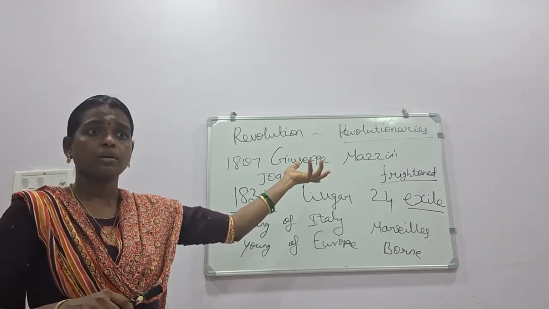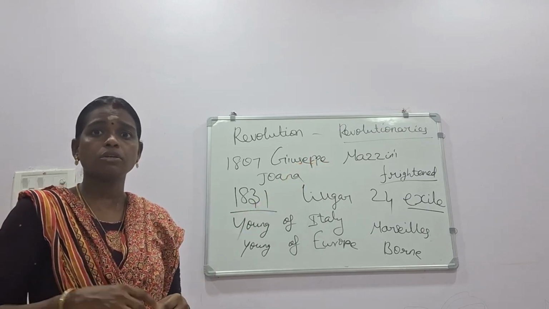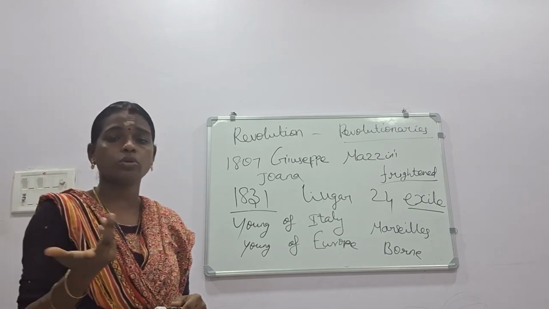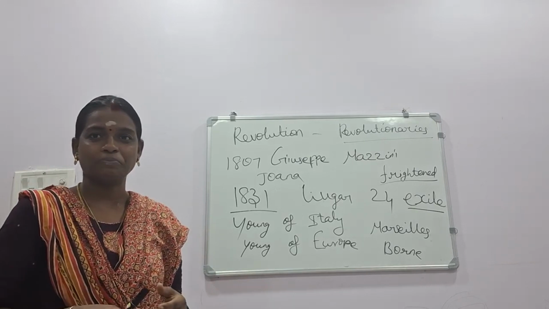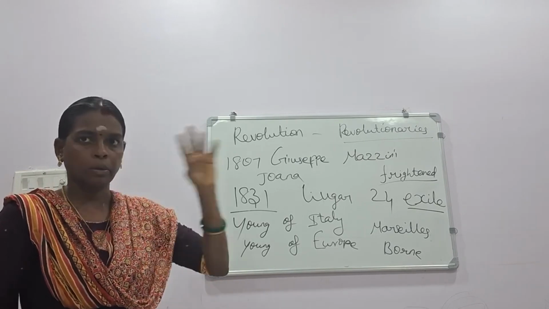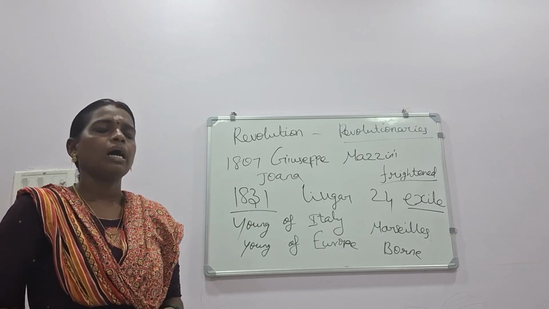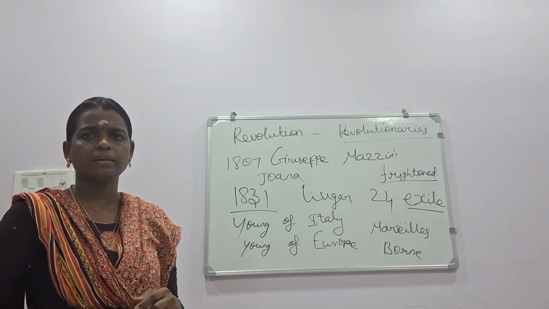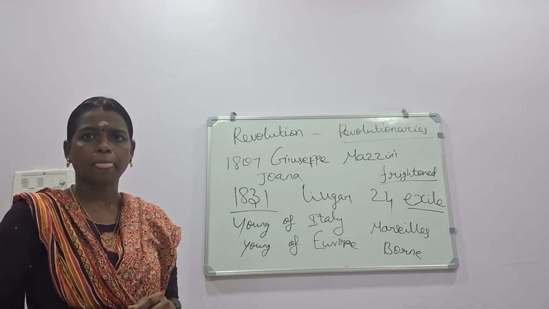Joseph Mazzini, who led a revolution, maybe he can change the European people, he can change the European power. What should we do? That kind of fear was in the mind of the conservative people. And I already told you about the Congress, the conference led by Metternich.